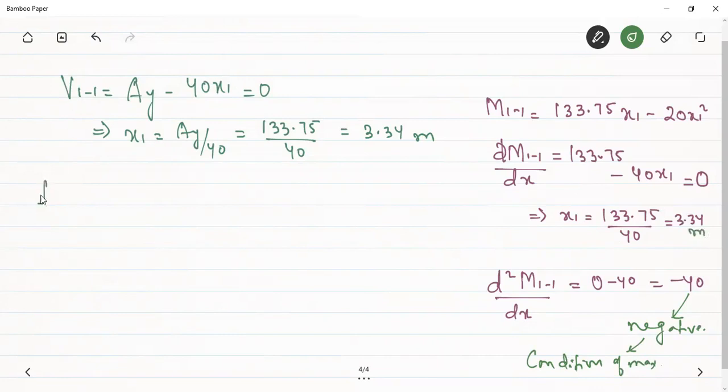So I want to calculate the maximum value of the bending moment. Therefore, I will put x1 equal to 3.34 in this bending moment equation, because that is the location of the maximum bending moment.